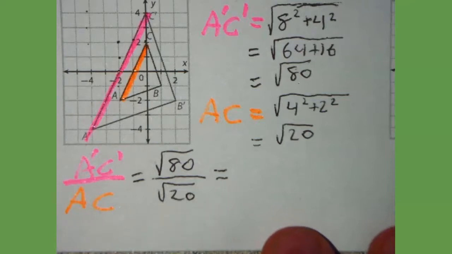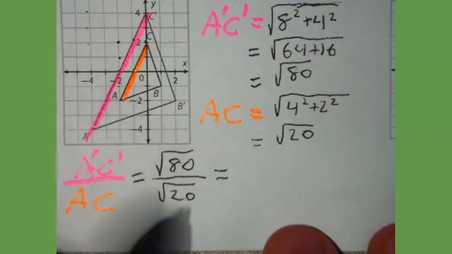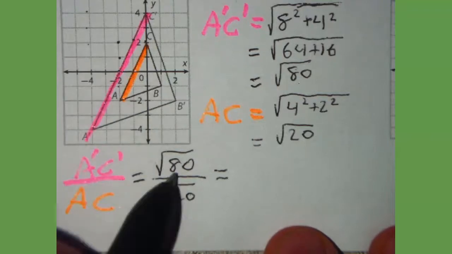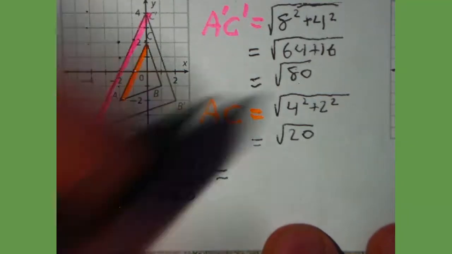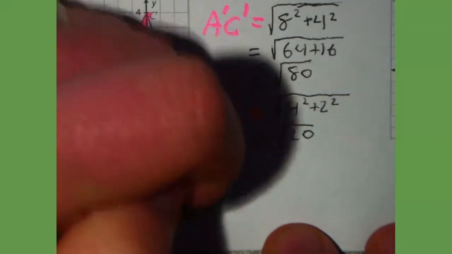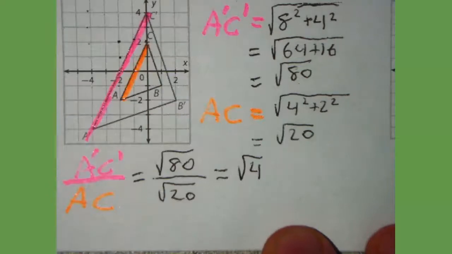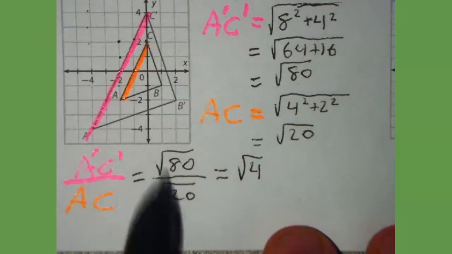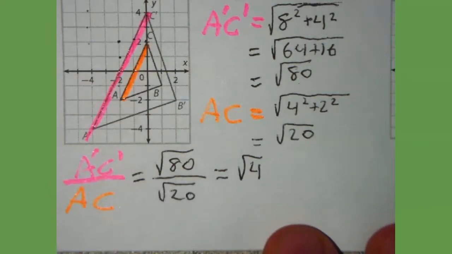Sometimes they're easy numbers like this, like 20 goes into 80, so it's a little bit easier. Since 20 goes into 80 4 times, root 20 goes into root 80 square root of 4 times. So it's basically the same calculation, just with a square root over it. And this time we can actually simplify square root of 4, which is 2.